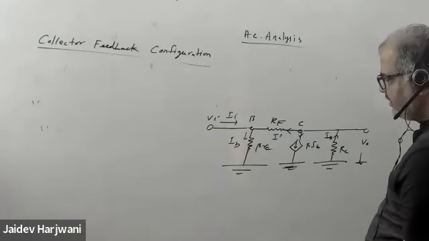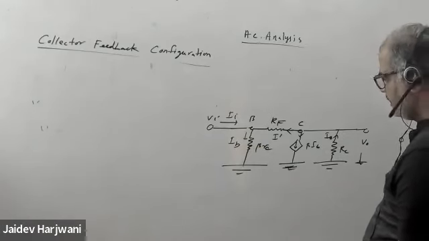This time RE was not there, so we don't require IE. Now you want V input. So V input is simply IB beta RE. Now of course IB is the sum of I plus I dash.